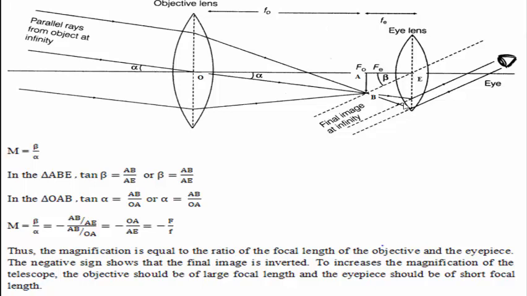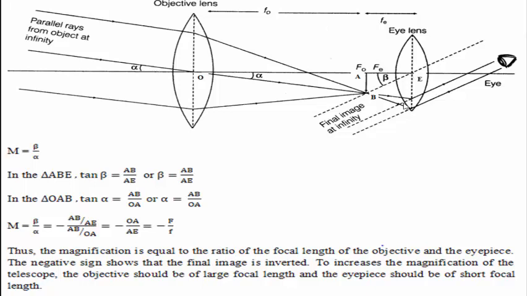In the triangle OAB, tan alpha equals AB divided by OA, or alpha equals AB divided by OA.